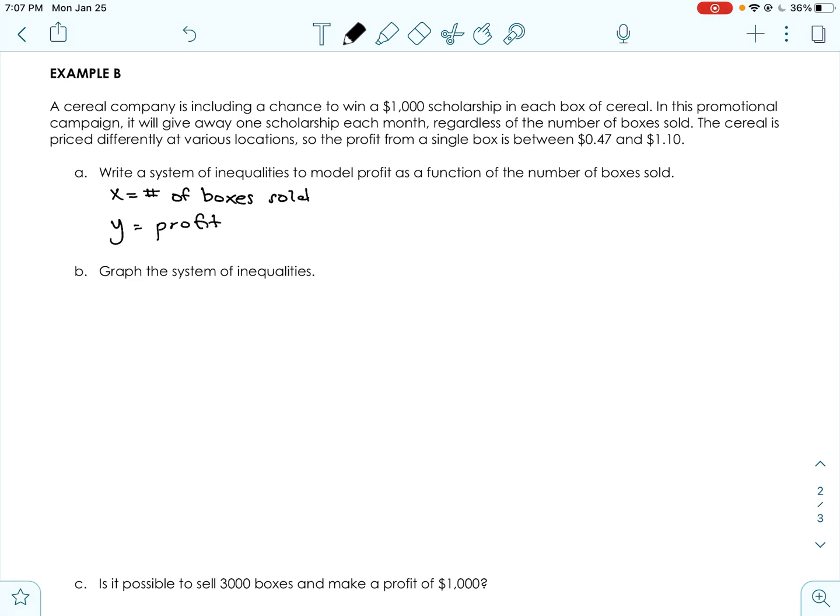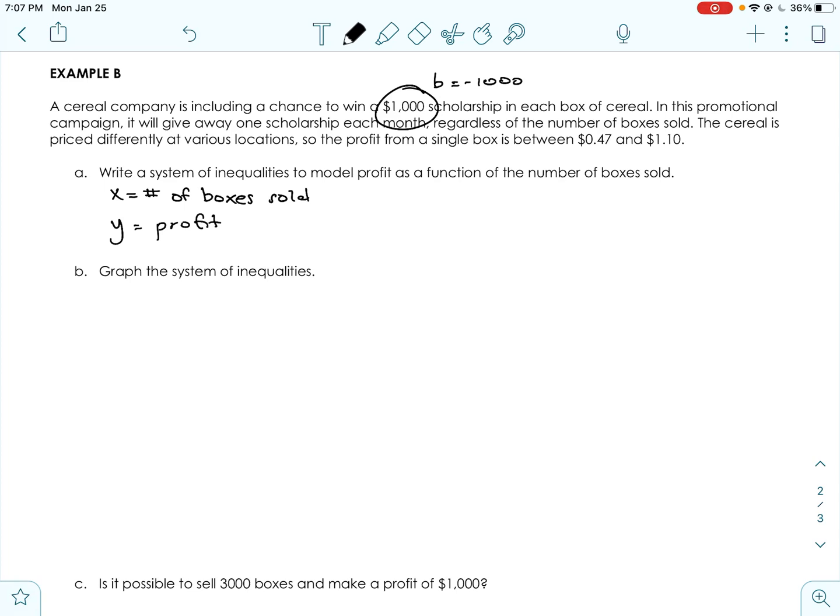First of all, we need to figure out our initial value, our starting point, our y-intercept. For each of these, the y-intercept is going to be negative 1,000, because they are giving away $1,000 as a scholarship. So they're starting $1,000 in the hole.